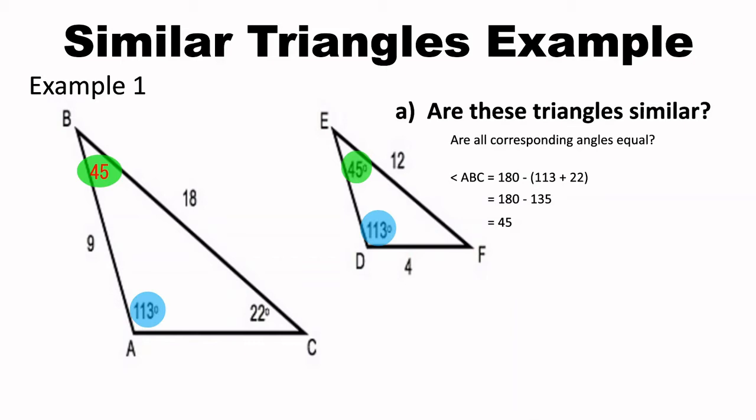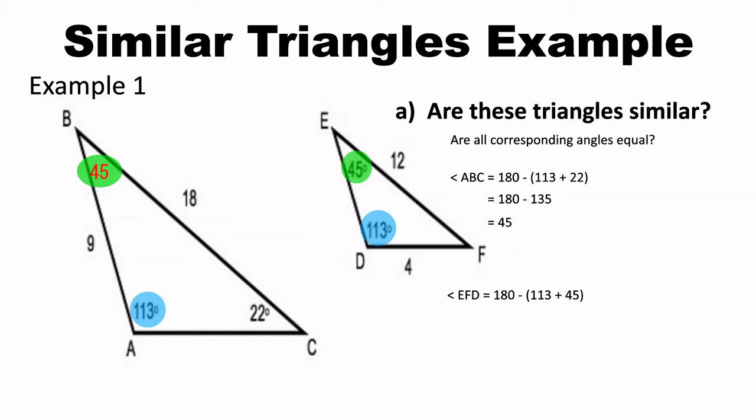So having two angles the same, I should already know that these triangles are similar. But let's do a little bit more working to really prove to you that they have all corresponding angles equal. I need to find angle DFE or EFD, and I'll work that out by knowing the sum of the angles must be 180, and I've already got two of those angles.